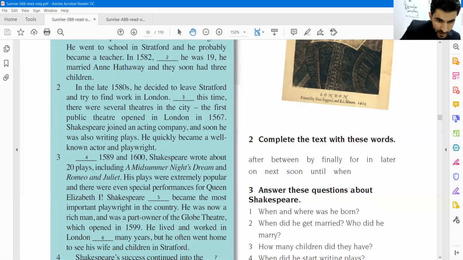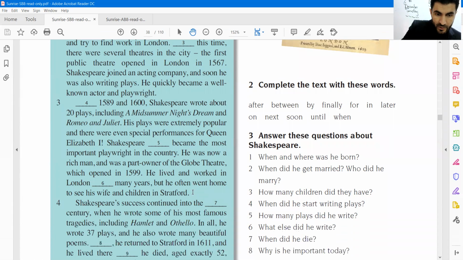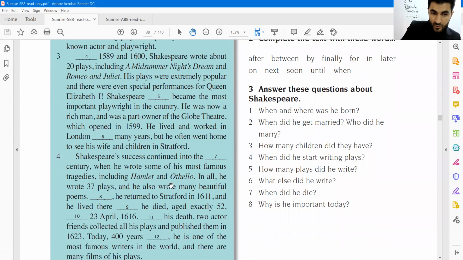Shakespeare soon became the most important playwright in the country. He was now a rich man and was a part owner of the Globe Theatre, which opened in 1599. He lived and worked in London for many years, but he often went home to see his wife and children in Stratford.